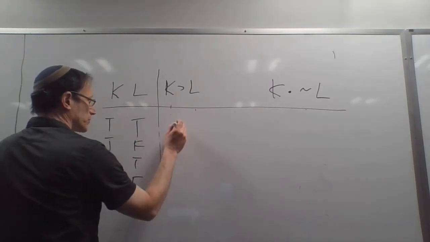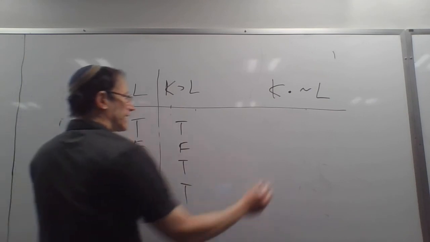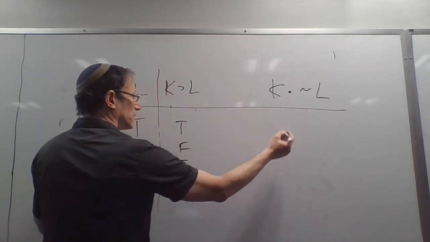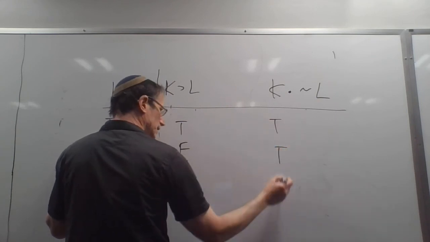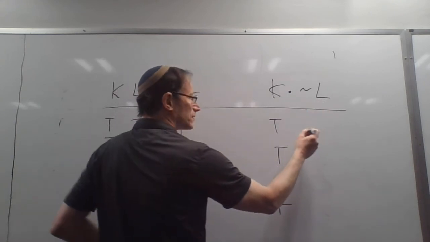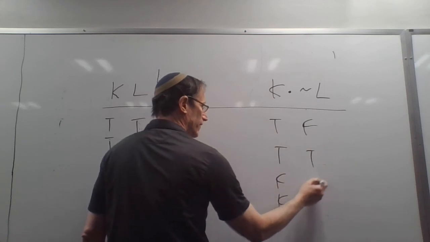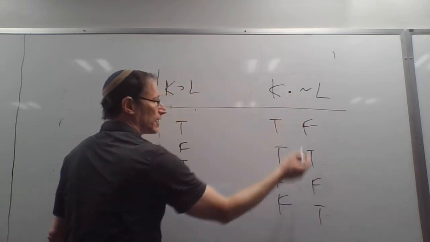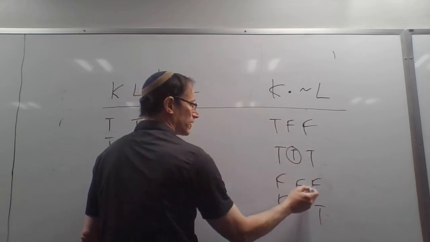Okay, for K horseshoe L, you get T, F, T, T. For K dot not L, I'm going to write the values over. T, T, F, F. Not L is F, T, F, T. The dot is going to be true only here, false over here, false and false.